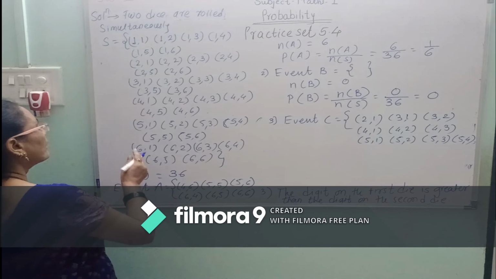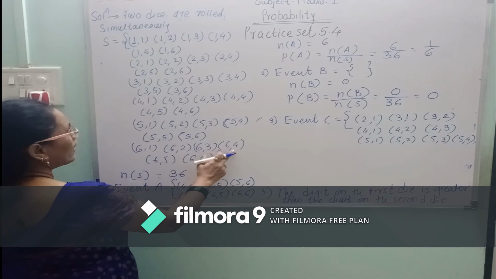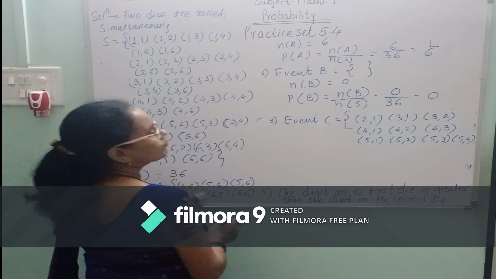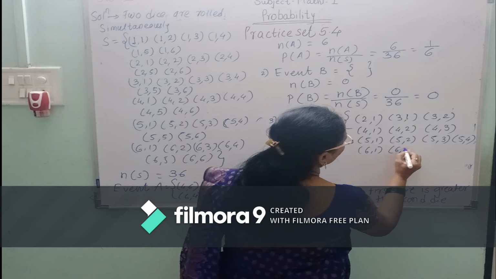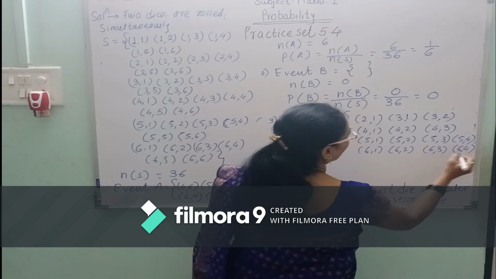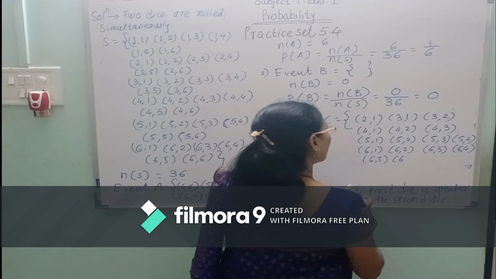Then (6, 1), (6, 2), (6, 3), (6, 4) and (6, 5).